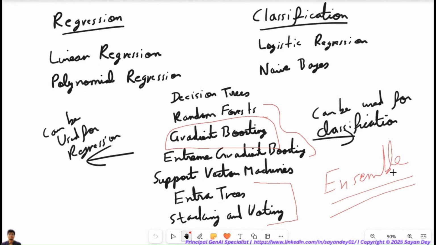Because if you ask one single person to take a call, that decision might be highly biased. That person might decide based on their own interest.